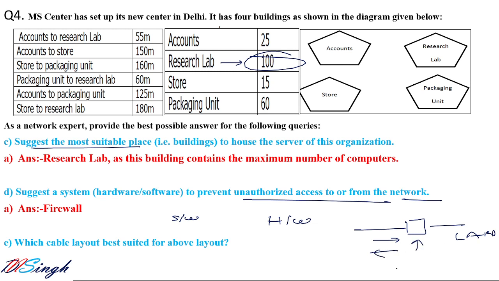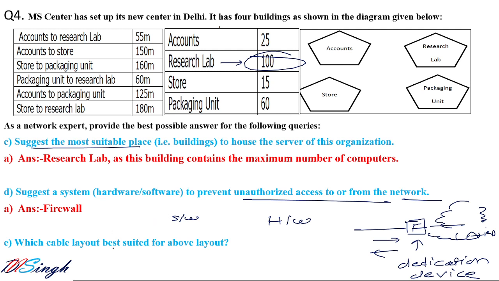So if you are placing a dedicated device for monitoring of the traffic, and when we say traffic means data coming in or data going out, this is your local area network inside your block. Okay, so here you have what? Firewall. So this firewall is going to monitor as a dedicated device. So this is like a hardware firewall. If you utilize some sort of software in your router, so that is going to be a software firewall.